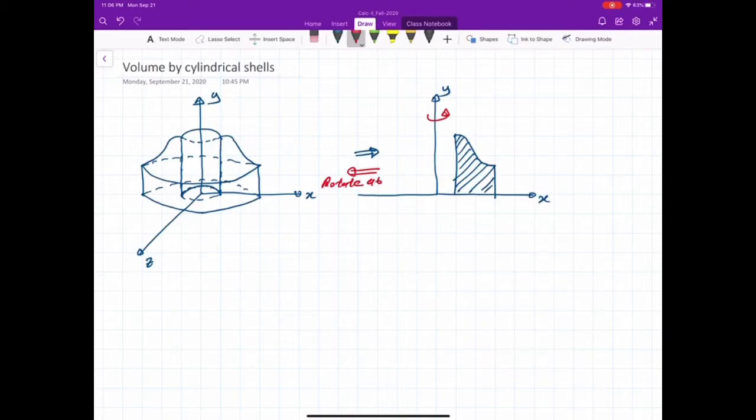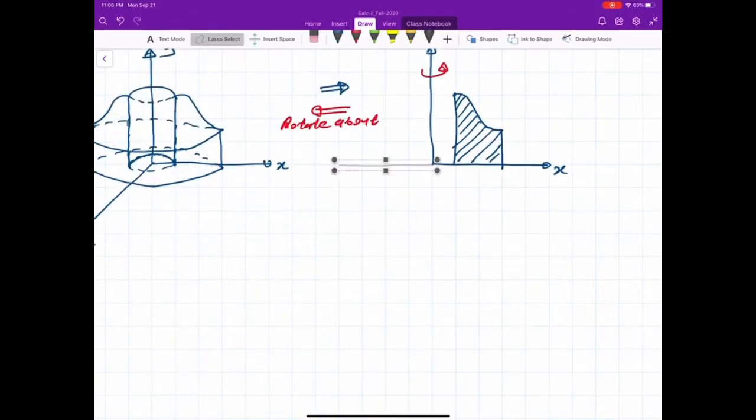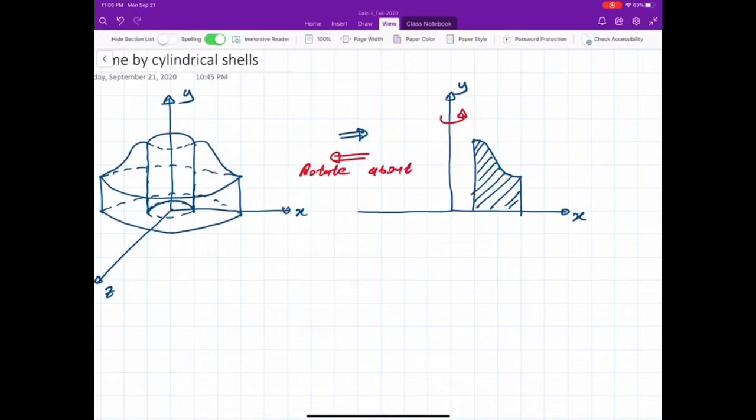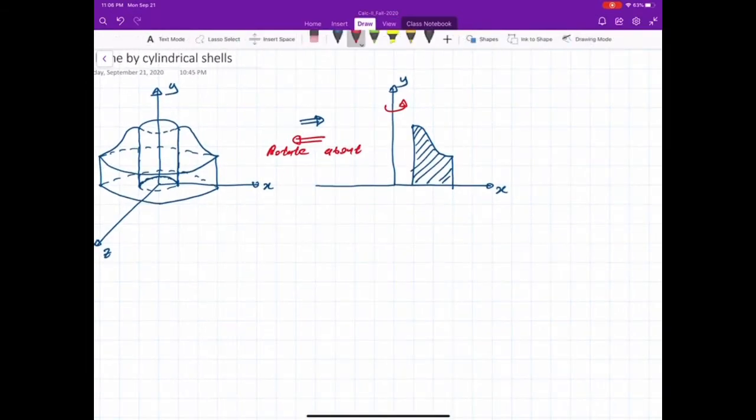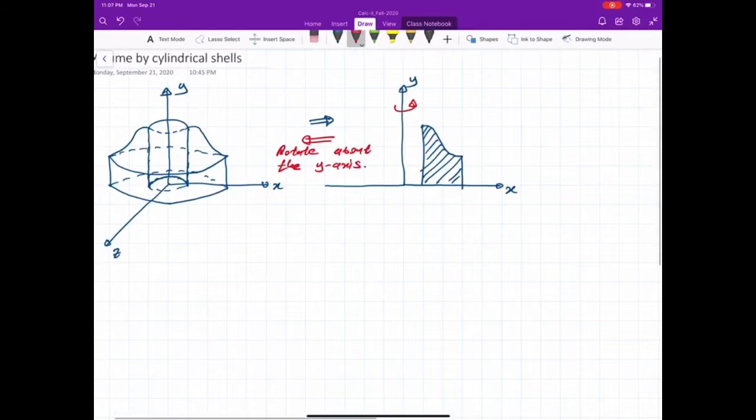Rotate about the y-axis. If you rotate it about the y-axis, you will be able to get this shape. That is what we learned in our previous class.